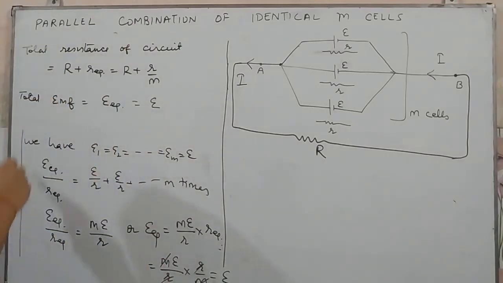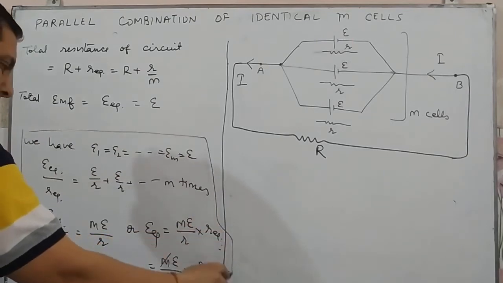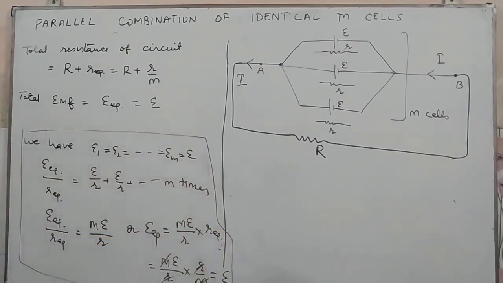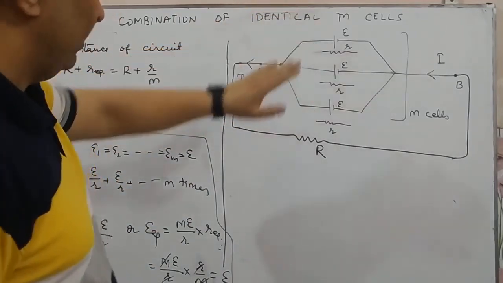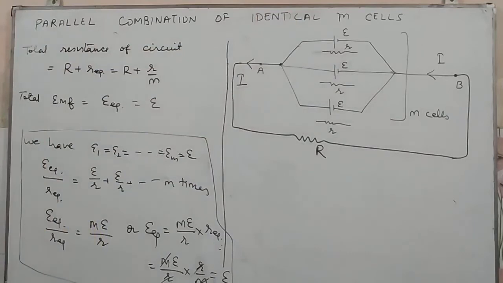This is the proof. It means it doesn't matter how many identical cells you connect in parallel, the total EMF remains the same.